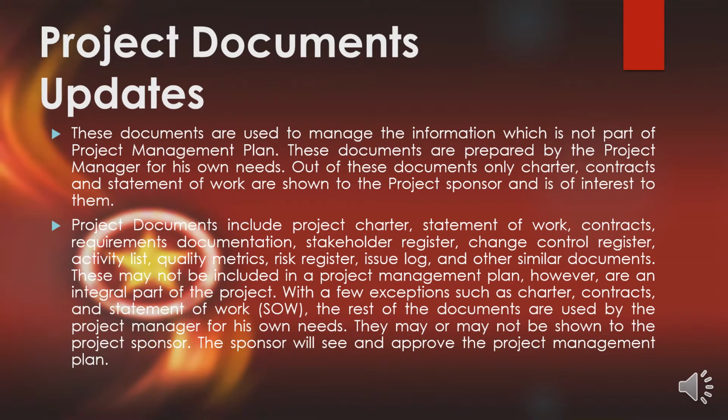These may not be included in a project management plan, however, they are an integral part of the project. With a few exceptions such as the charter, contracts, and statement of work or SOW, the rest of the documents are used by the project manager for his own needs. They may or may not be shown to the project sponsor. The sponsor will see and approve the project management plan.